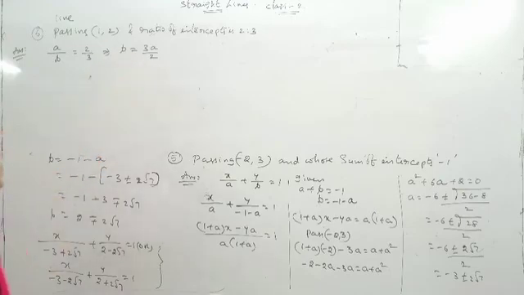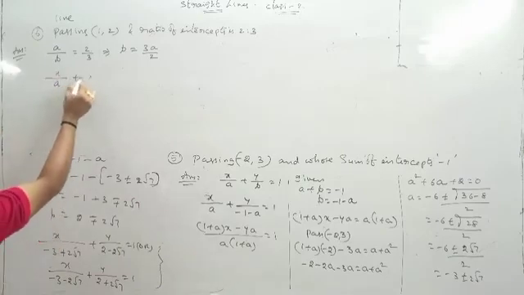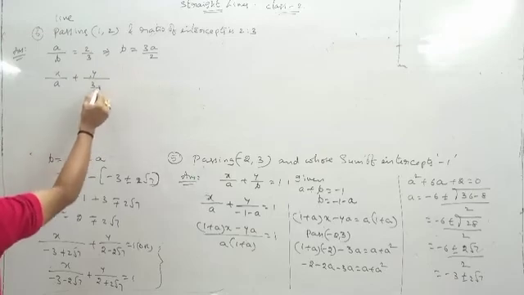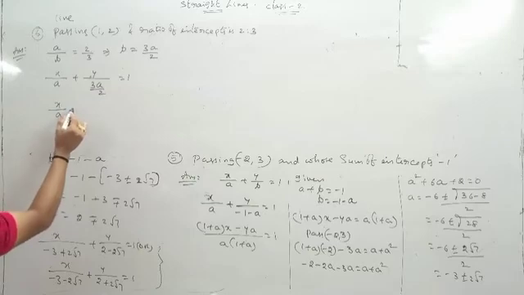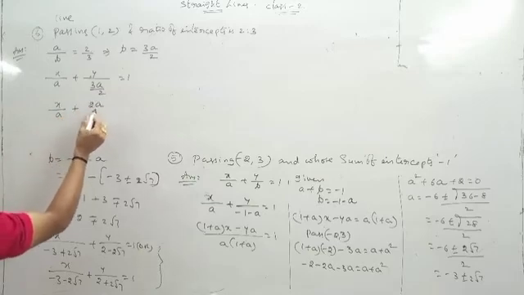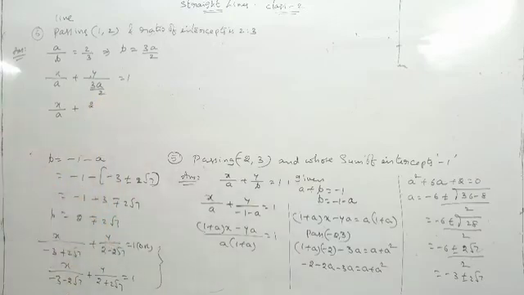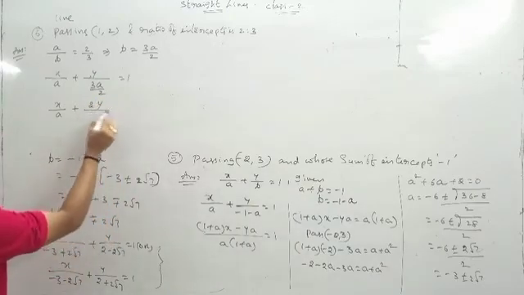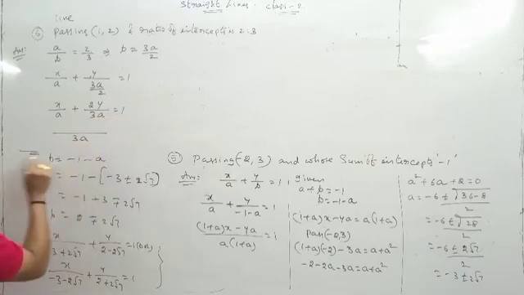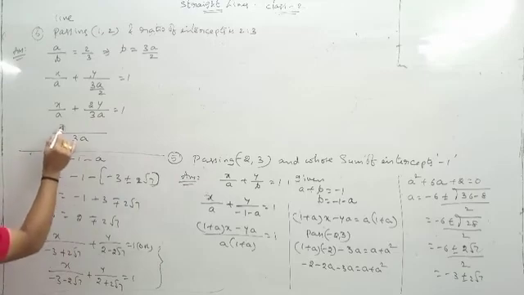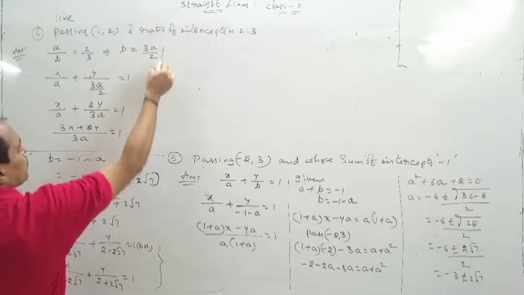Now what about the equation of the line? x by a plus y by b, b means 3a by 2, is equal to 1. That is x by a plus 2y by 3a is equal to 1. And here the LCM is 3a. That is 3x plus 2y is equal to 3a.